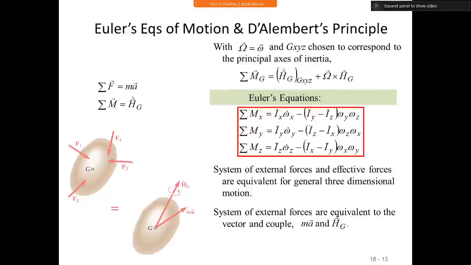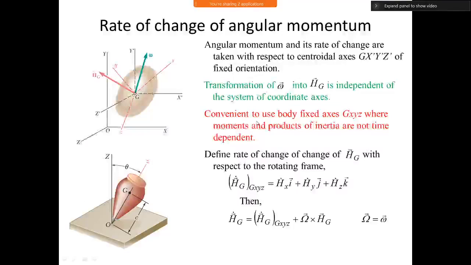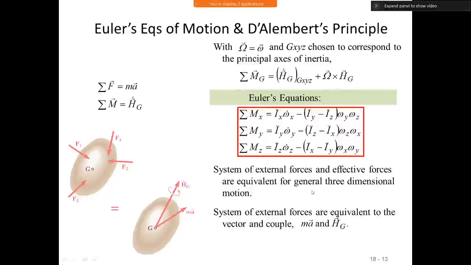So now if we expand these terms, if we take the rate of change of angular momentum, and the H terms are given from the previous cases. Previously we have seen how H is expressed in terms of omega, and when we substitute this expression, what we get is the final set of equations called Euler's equation of motion.